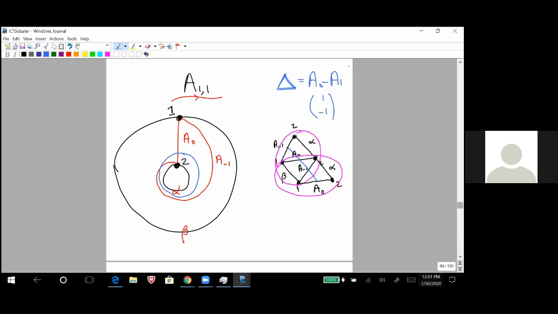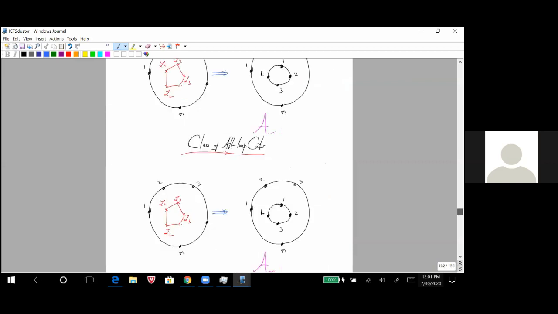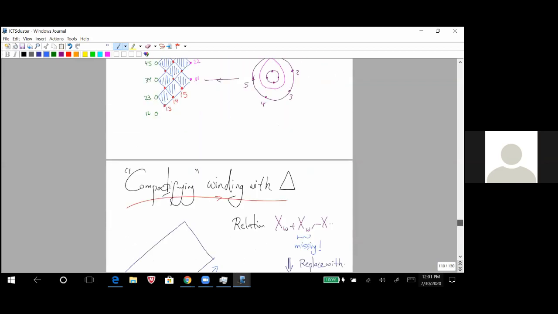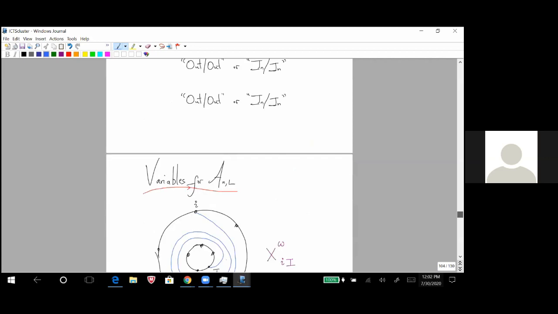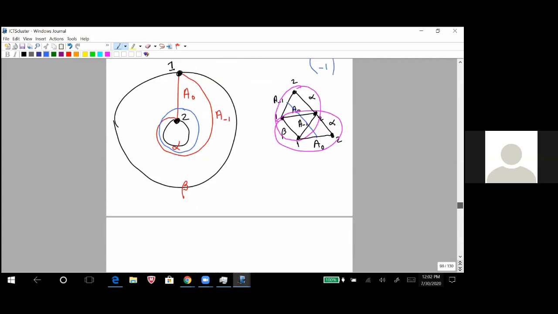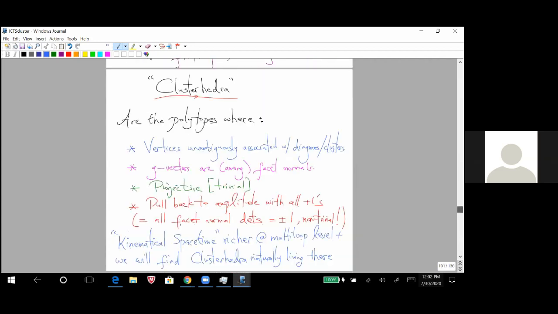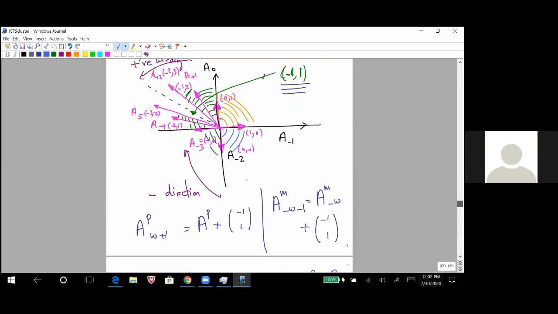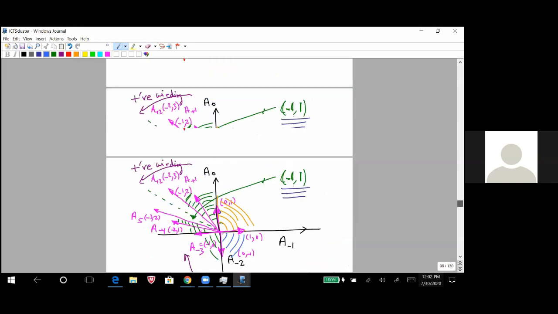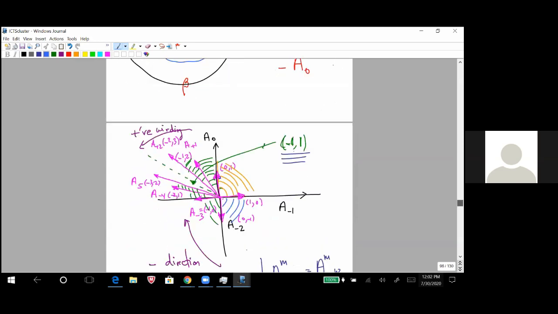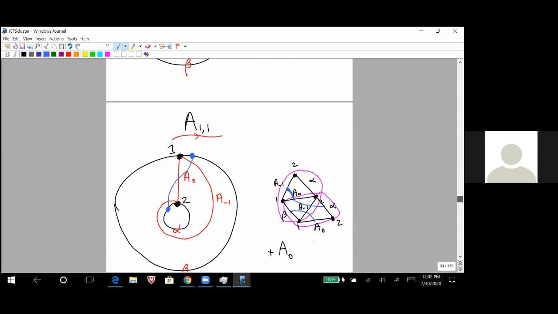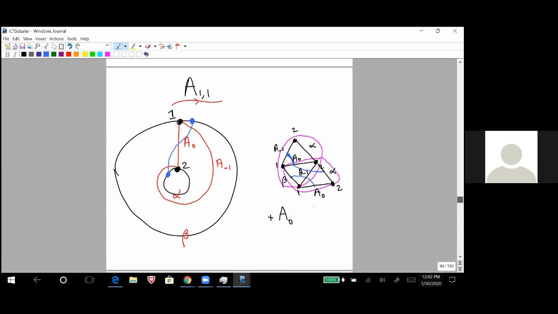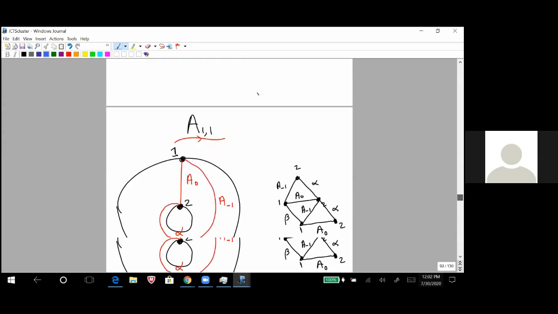Okay, so this is exactly the vector that we just saw. Sorry, this is the vector minus 1, 1, because I put a minus 1 on the x-axis.